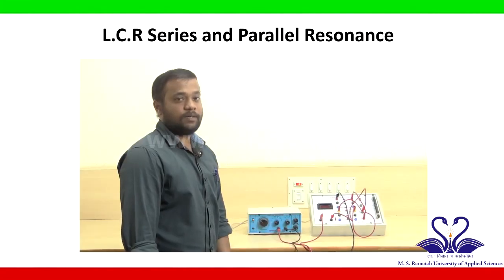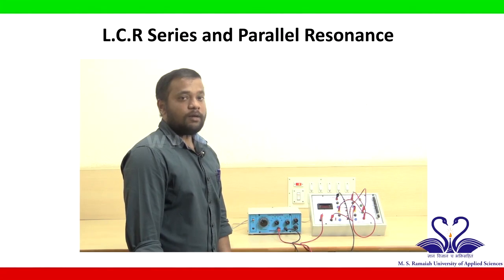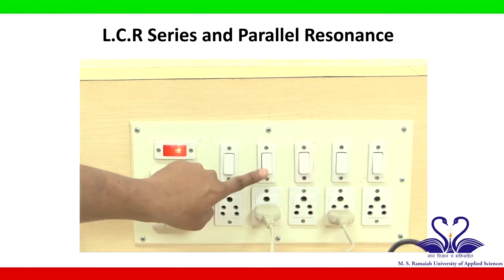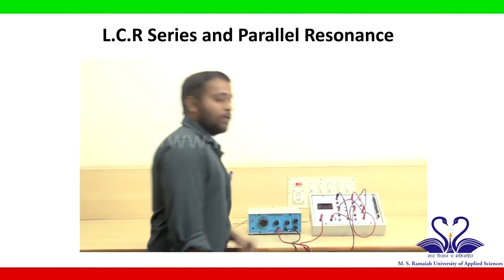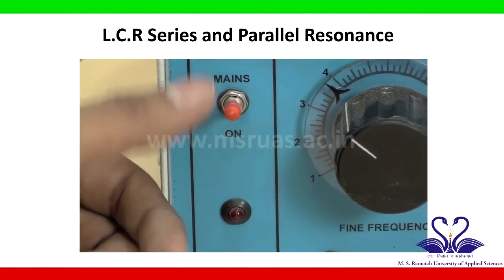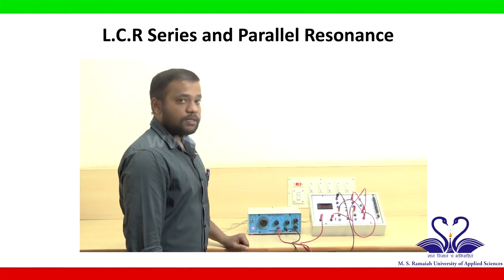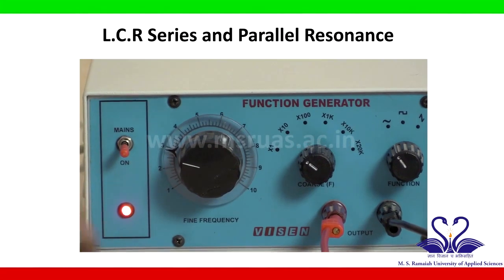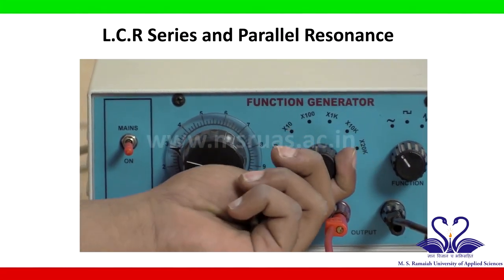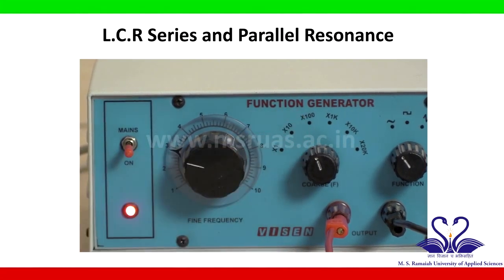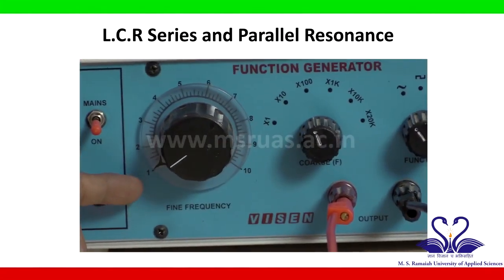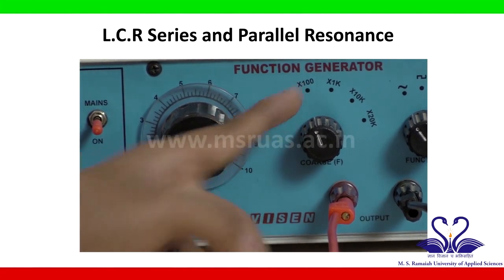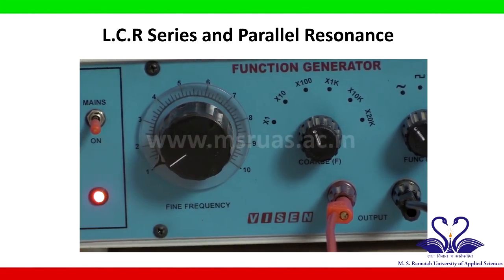Let us start the experiment. First, switch on the mains. Then switch on the mains of the function generator and the mains of the resonance kit. Now let's turn the coarse frequency knob to 100 position and the fine knob to 1 position. Now the frequency is 1 into 100, that is 100 Hertz.